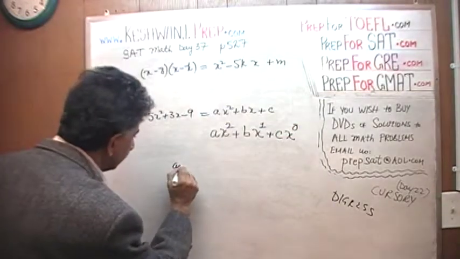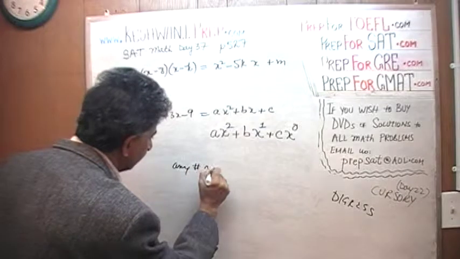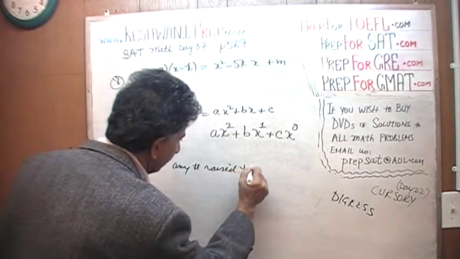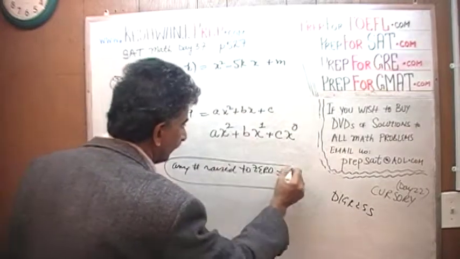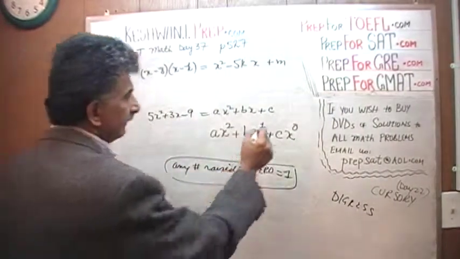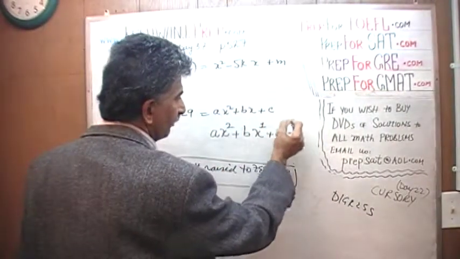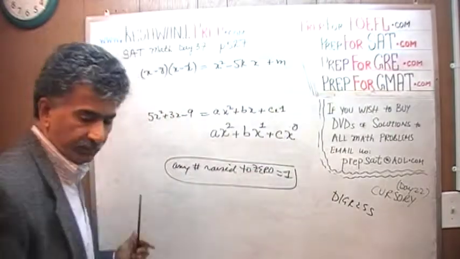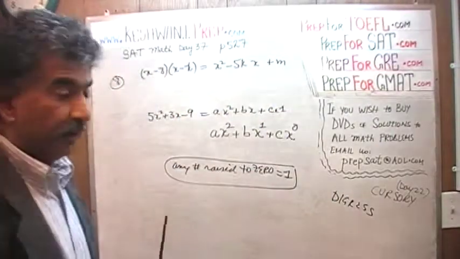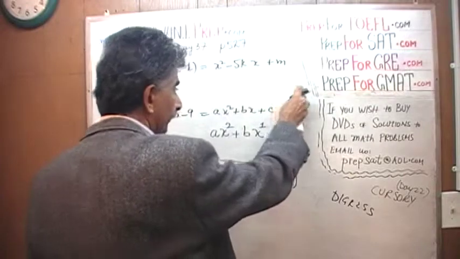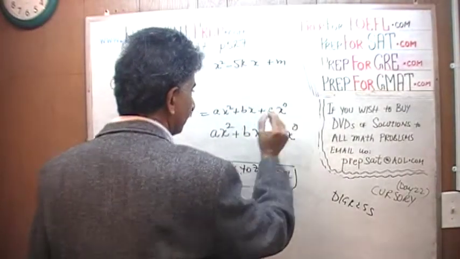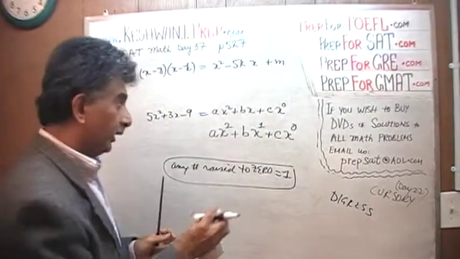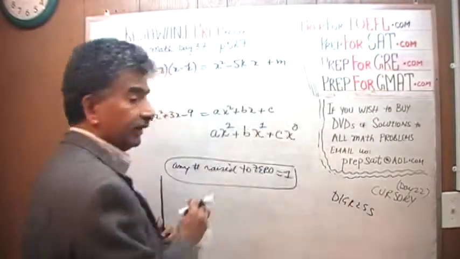Any number raised to 0 equals 1. So it is c times 1, and we don't actually have to write 1. But it is there.